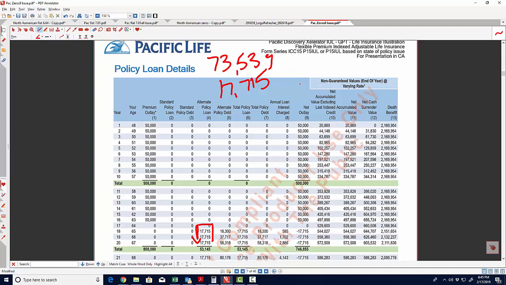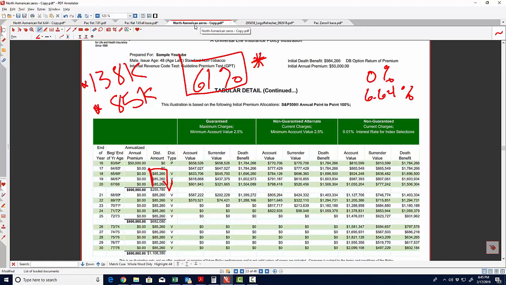We're looking at 24% of our original income projection. 24% of our original income projection in a poorly structured policy when we throw in some zeros. 24% of our original projected income versus 61% of our original projected income.